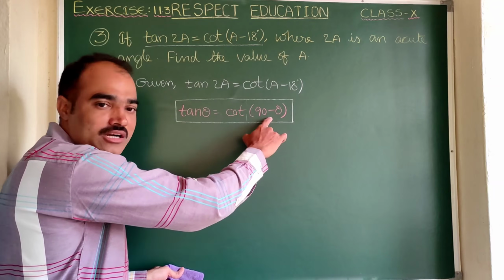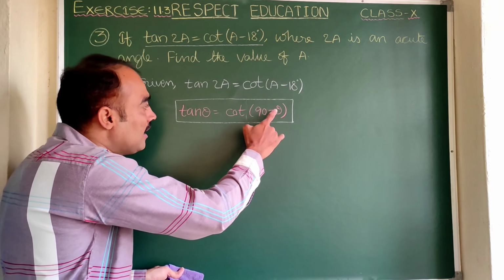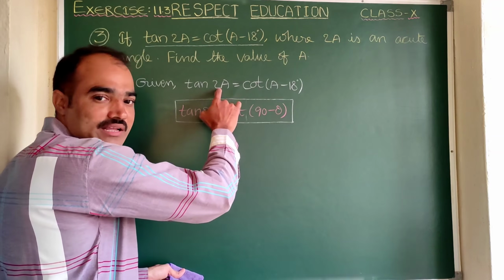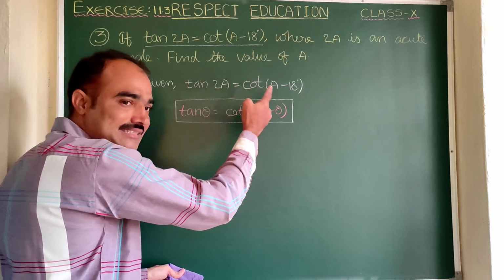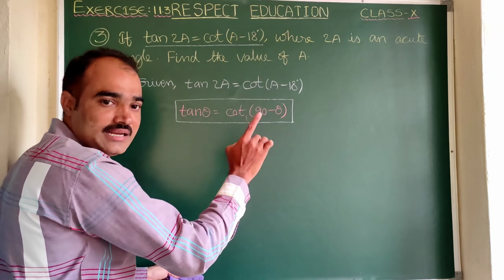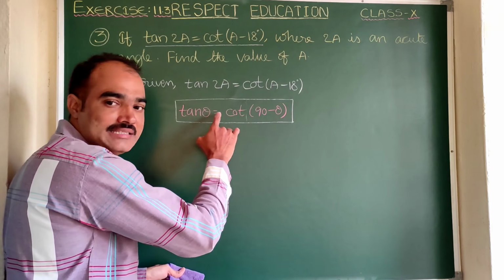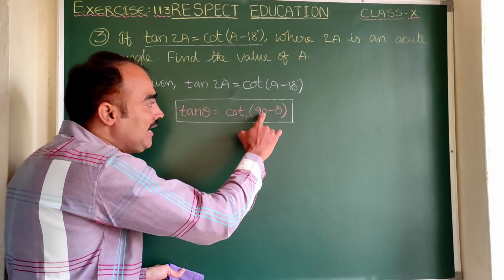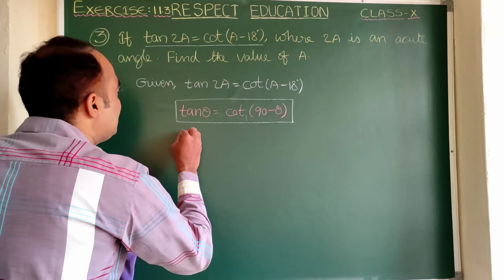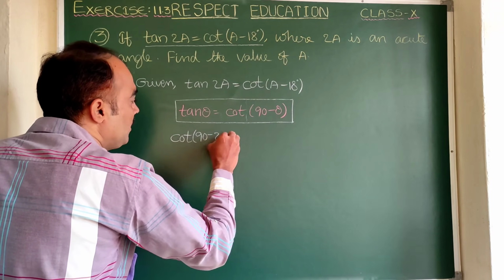Now replace theta with 2a. Tan 2a can be written as cot(90 minus 2a).